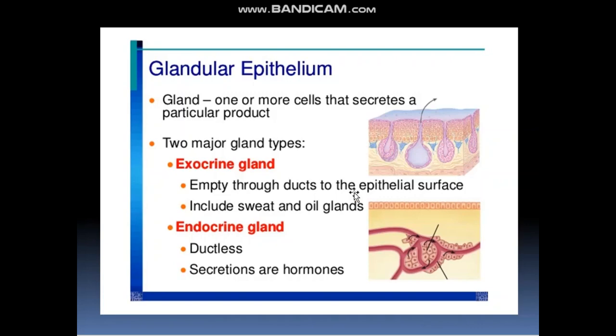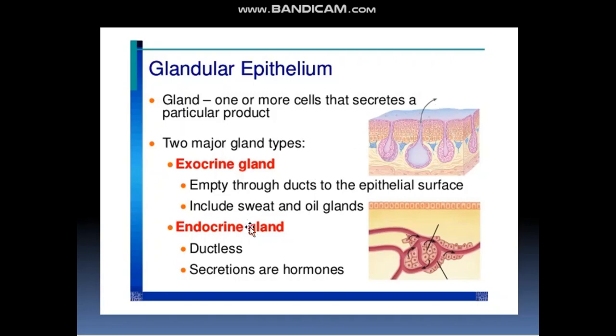Actually, there are two principal types of glands: the exocrine glands, which have ducts, and through these ducts the secretory products are delivered onto the epithelial surface.